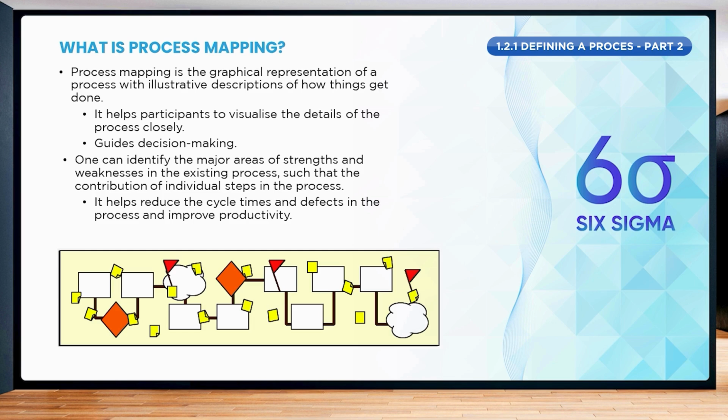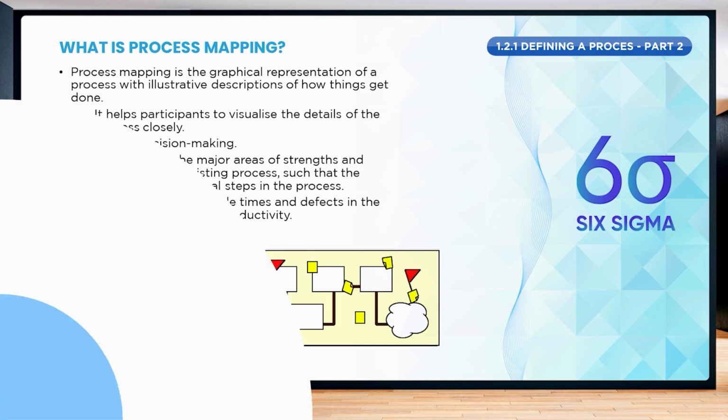It helps participants in process mapping workshops visualize the details of a process pretty closely, and it is also very helpful in guiding decision making, for example, about improvements that we're going to make in a process.